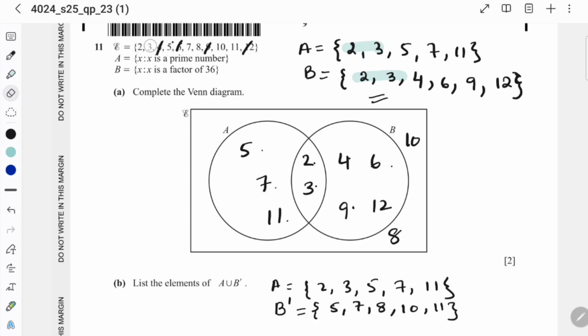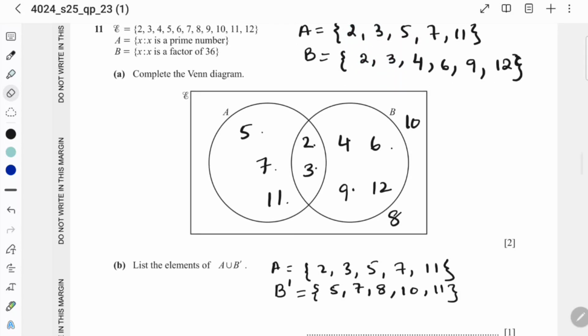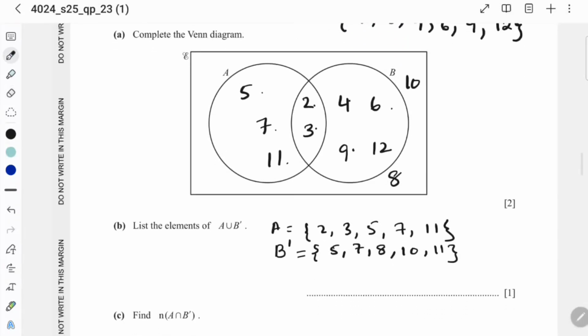It means I exclude only the numbers which were in set B. Now we have to combine both of them. Combining means union, so that gives 2, 3, 5, 7, 8, 10 and 11, and put it in curly brackets.